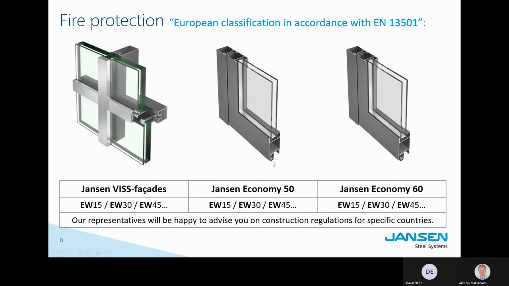Oftentimes used to stop the fire from entering the other section of the building. It's equipped with a rubber sleeve, and it's a perfect closing element. Okay, so this would be the EW class.